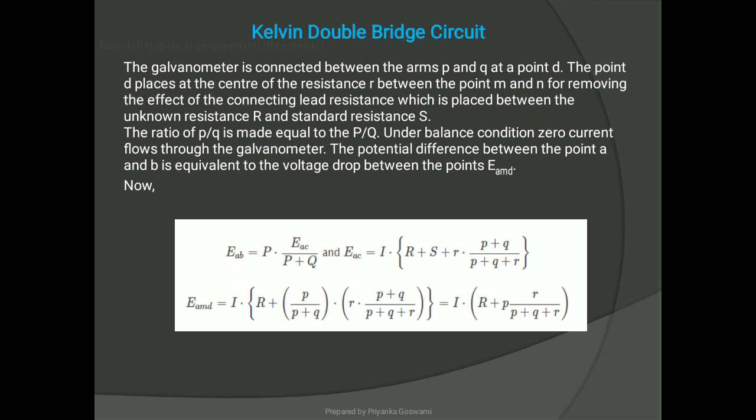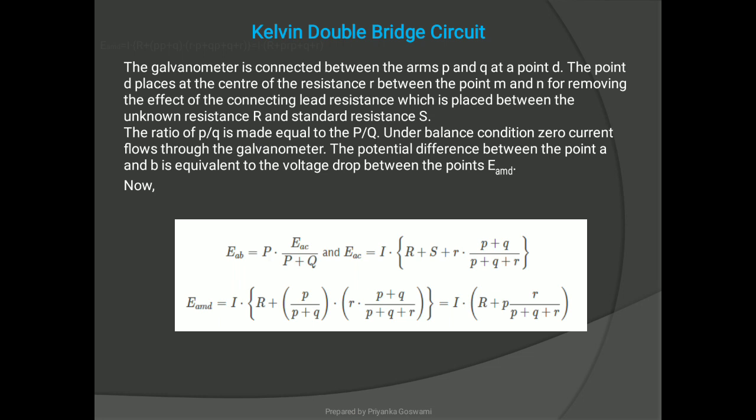Now, we can write EAB, or potential difference between the points A and B, equals P into EAC by P plus Q, and we can write EAC equals I into capital R plus capital S plus small r into P plus Q by small r plus small p plus small q.